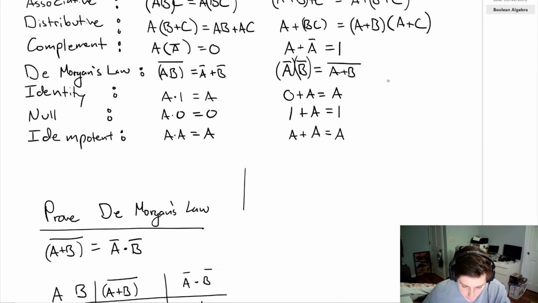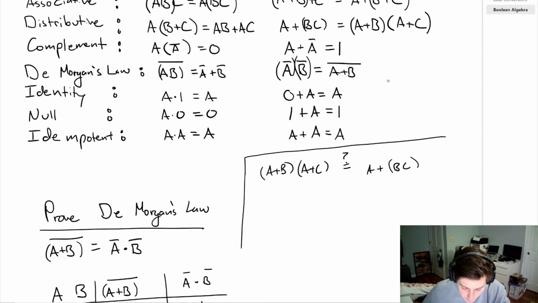So we can make a little side note here. Say that (A plus B) times (A plus C), I'm going to question, is equal to A plus B times C. So conventionally in algebra, you might try to use a FOIL approach, and let's see how that works.